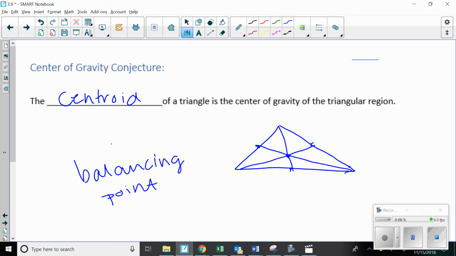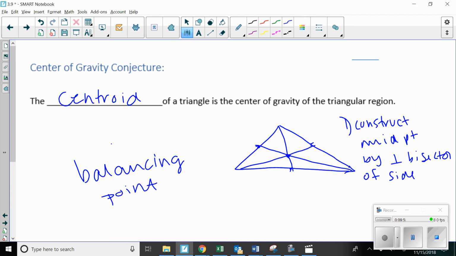So in order to find the midpoints, we'll construct midpoints by finding the perpendicular bisector of each side. So it's not the perpendicular bisector you're looking for.